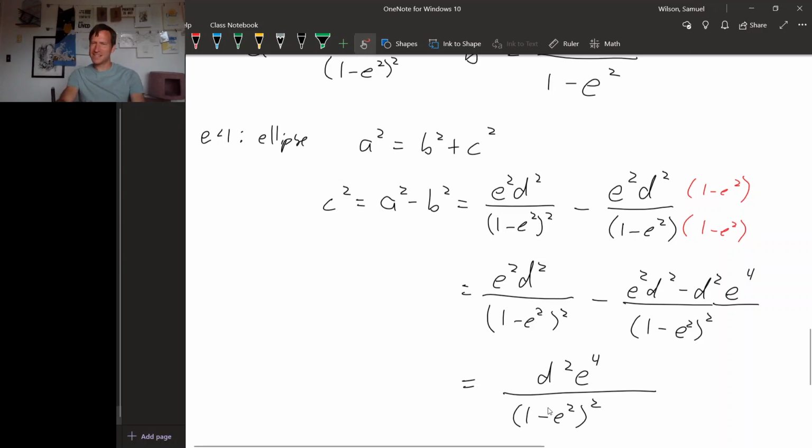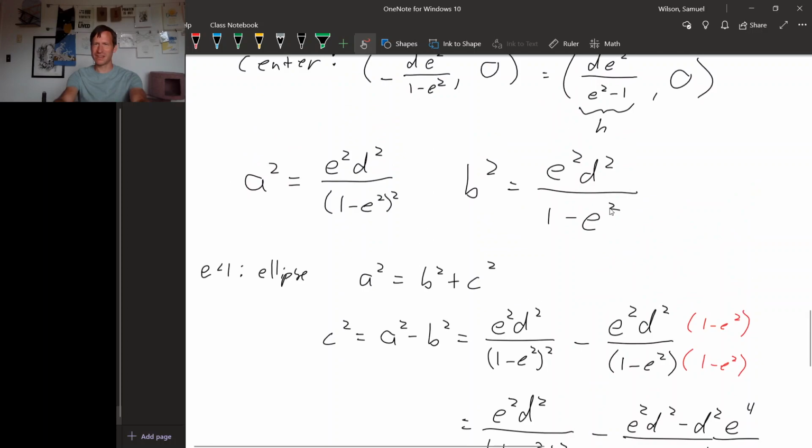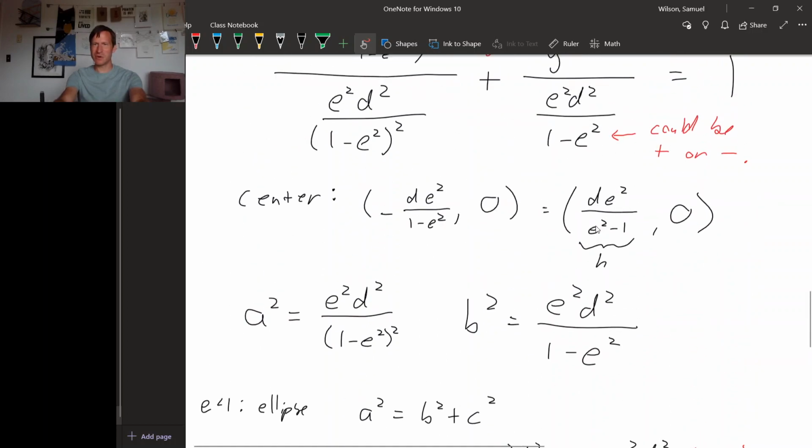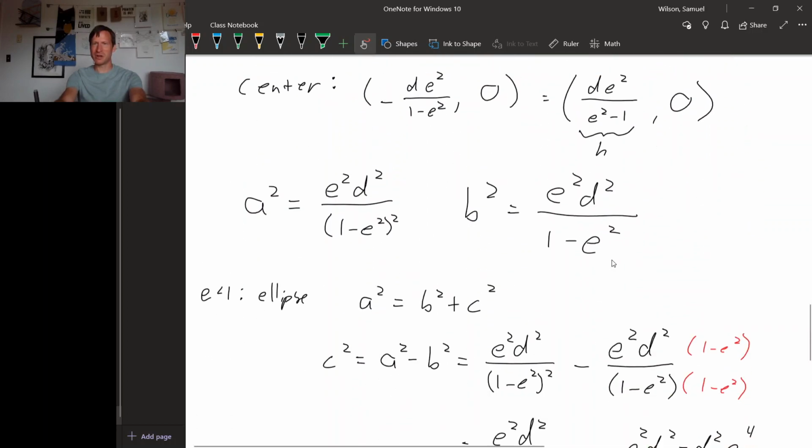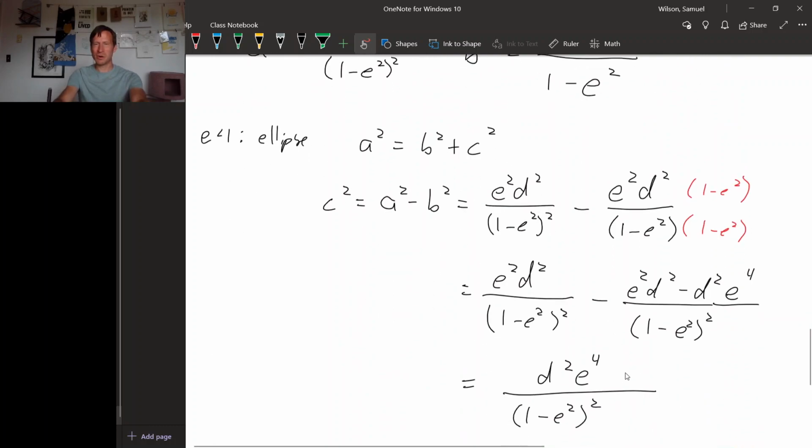But wait a second. This looks familiar. If you look up at the center of this thing, it's d e squared over e squared minus 1. So what we got for c squared is just the square of the center of the ellipse.